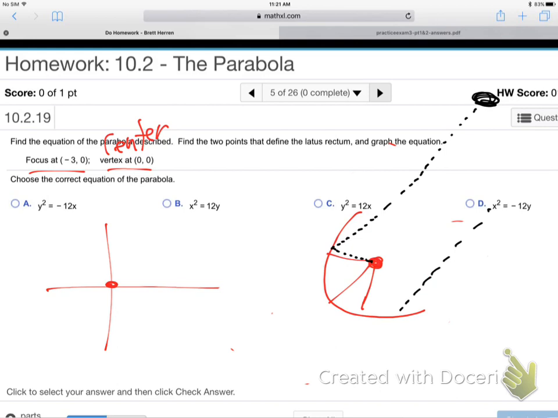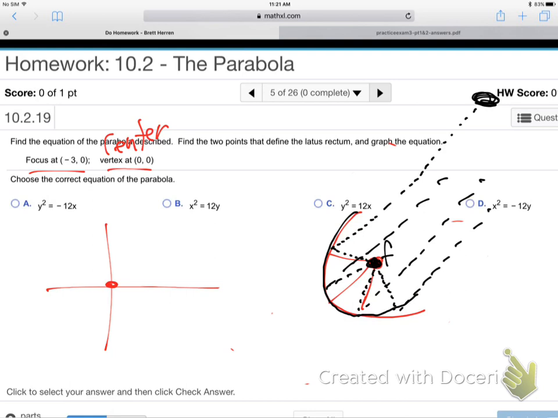It focuses. All the beams that come in, wherever they hit, the bending bounces them right to the focus point. That's why the receiver is being held right there. Everything bounces right to that focus point. Engineers calculate where that focus point is based on the curvature of the parabola. That's what we're going to do as well, is find those equations right now.